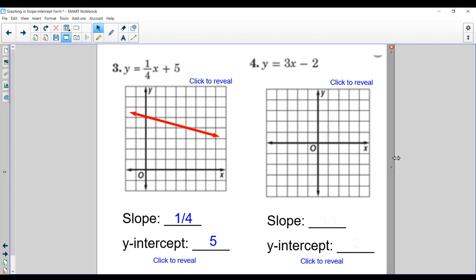Here's another example. Go ahead and pause your video and work on this one, then come back to check your answer. All right, so here is your slope. I like to write it as a fraction just so I can clearly see my rise and run.